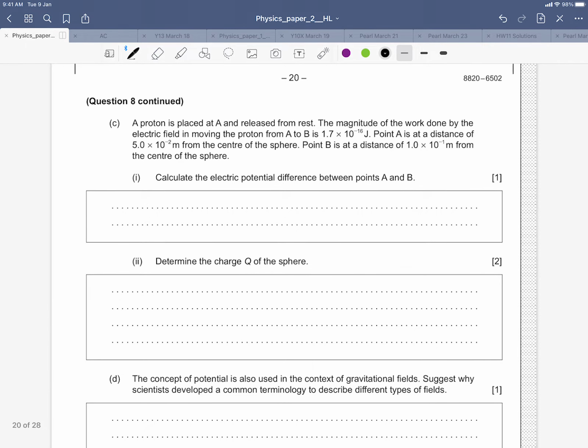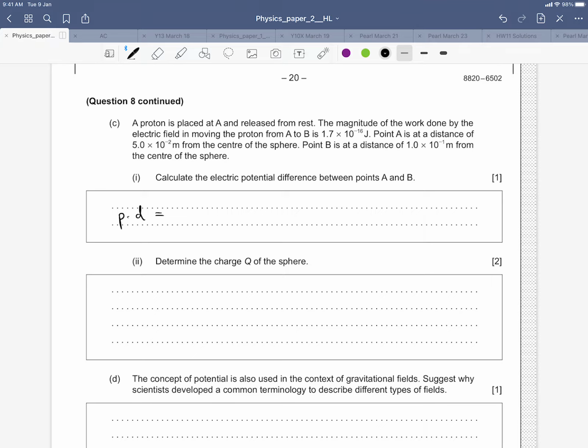So, a proton is placed at A and released from rest. The magnitude of the work done as it moves from A to B is that many joules. We are given some distance values to points A and B from the center. Calculate the electric potential difference, PD. It's work per charge, right? Work done per unit charge.